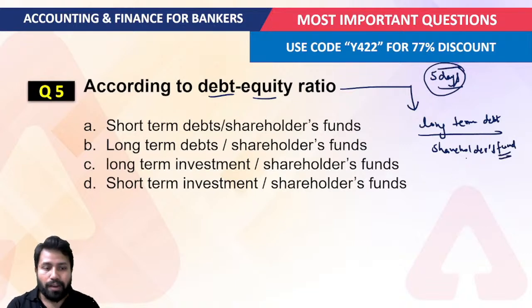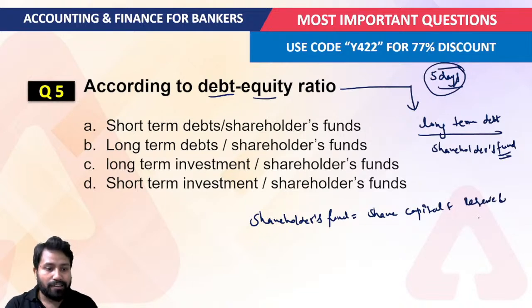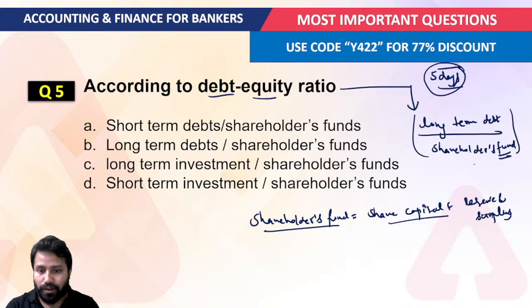Further, if we elaborate the shareholders' fund, it is nothing but share capital plus reserve and surplus. So the formula is long term debt divided by the shareholders' fund. So what is the correct answer here? That should be your second option. That should be the correct one.